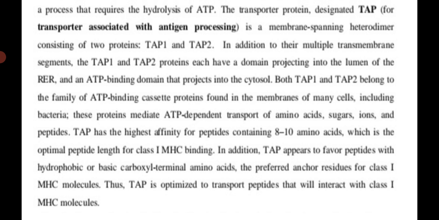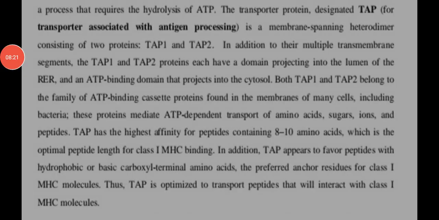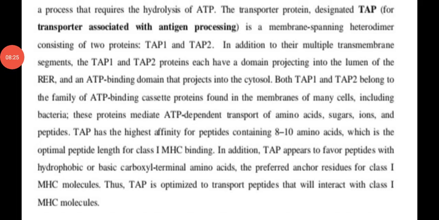So it is an optimal peptide length for class I molecule binding. The TAP protein transports the peptide antigen to the class I molecule which is present in the ER.